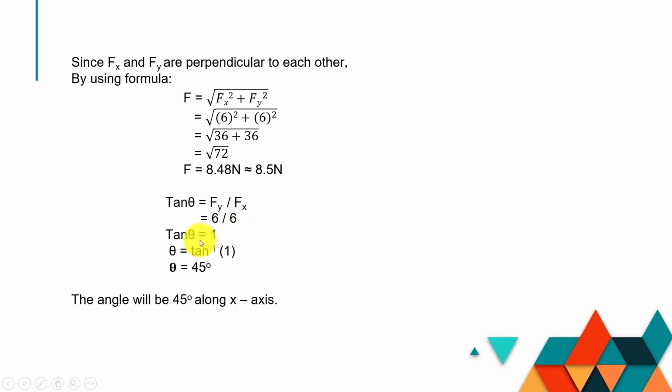So tan theta is equal to 1. To find the value of theta, we get theta equal to tan inverse 1. By taking tan inverse of 1, we get theta equal to 45 degree. So the angle will be 45 degree along x-axis.